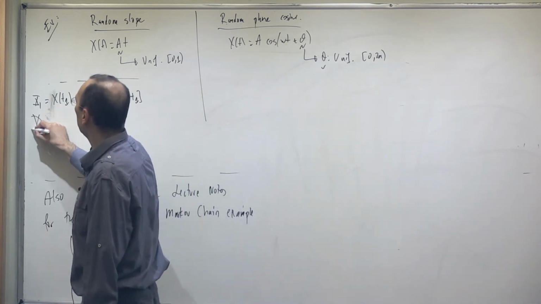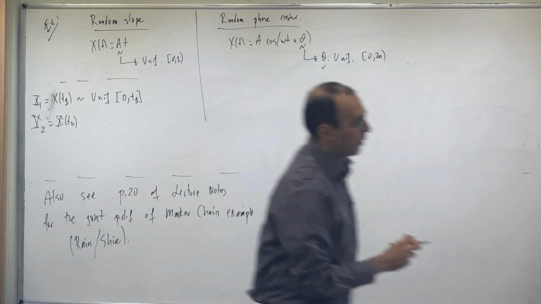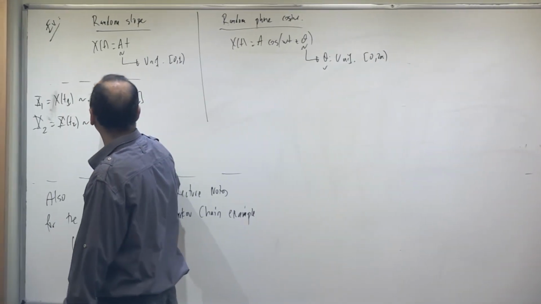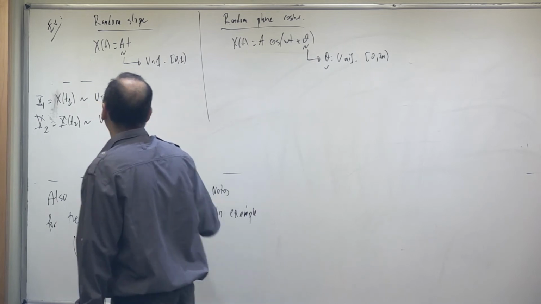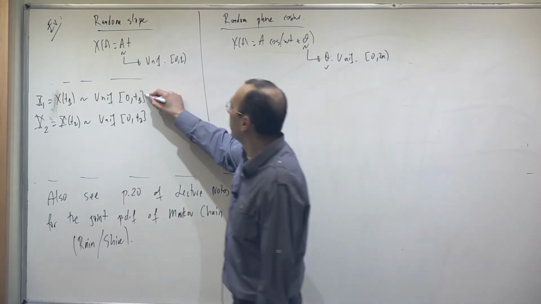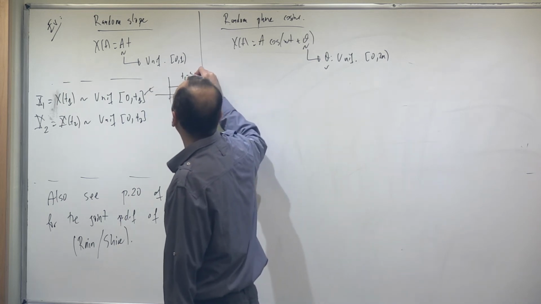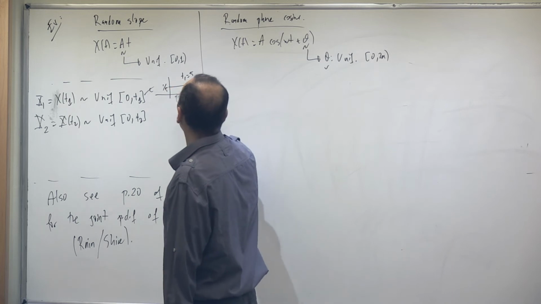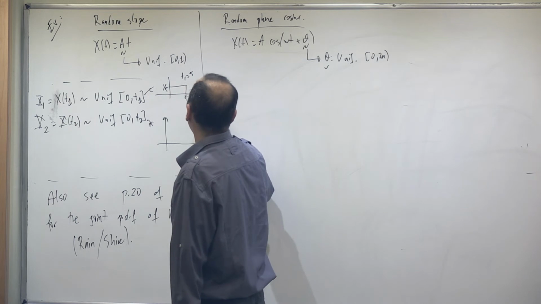If I evaluate this random process at another time, t2, it is uniform 0 to t2. For example, t1 is equal to 5 and t2 is equal to, let's say, 6.